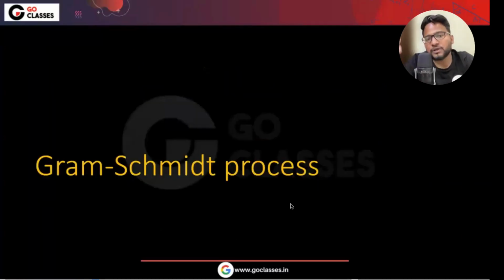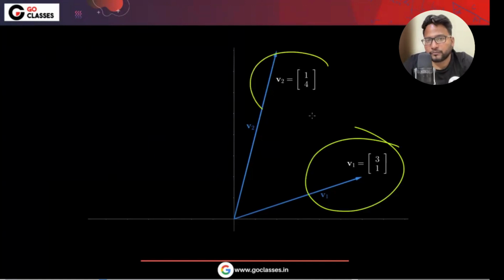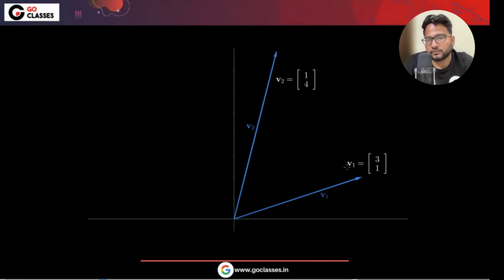But before that, we have to look at one process that is called the Gram-Schmidt process. We have to look at this process, and then we will start SVD. Let me tell you the objective before we start SVD. Suppose that you have two vectors v1 and v2, which are something like this.